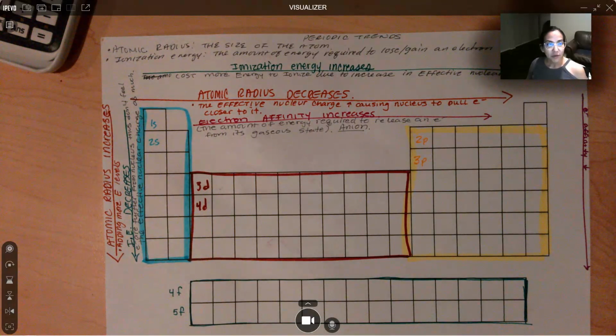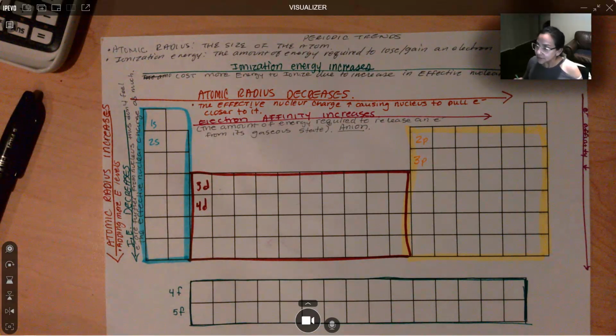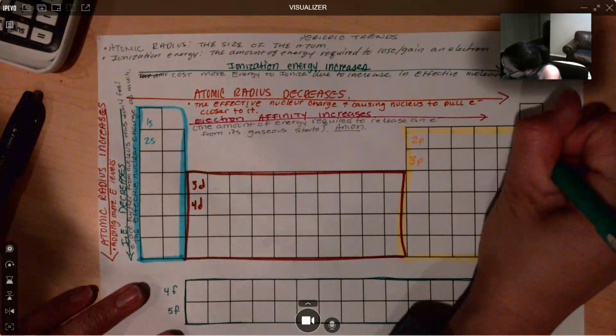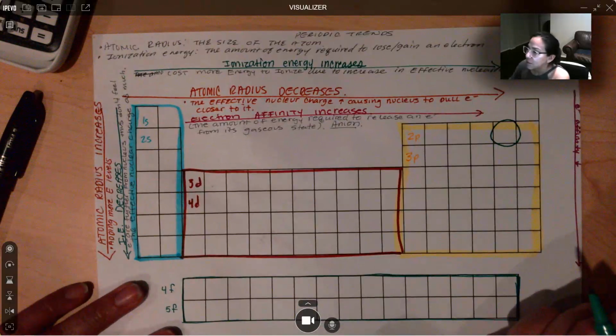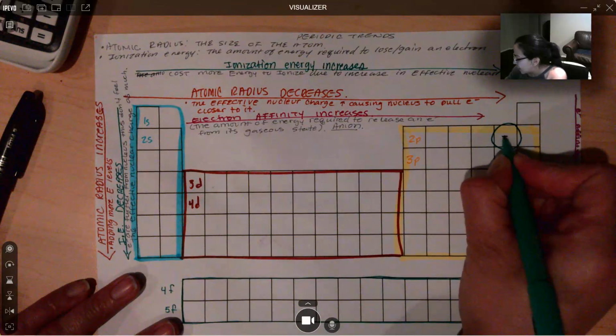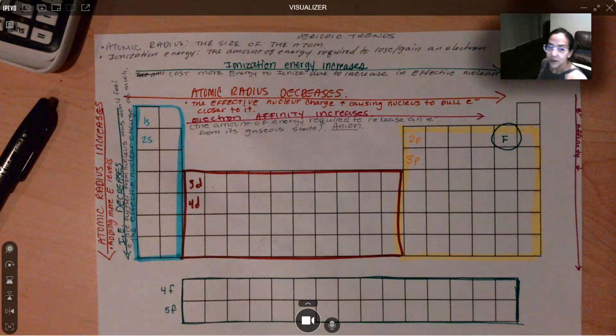All right, so now that we have that one, let's go ahead and move on to the next one, which is going to be electronegativity. I love that word, electronegativity. Okay, so we're going to circle this box right here, and it's going to have an F on it, and that F stands for fluorine, right?